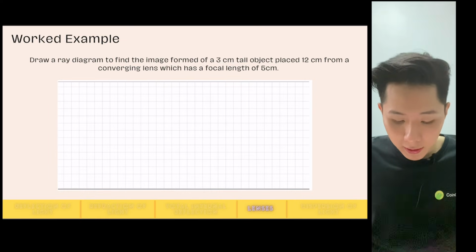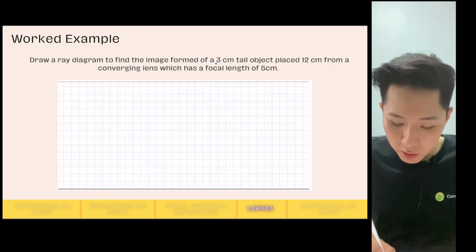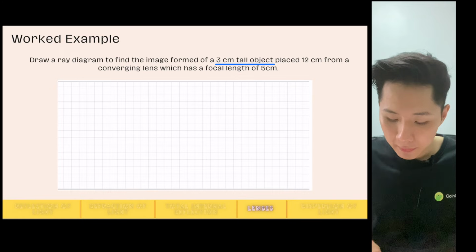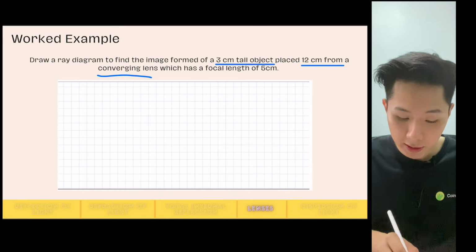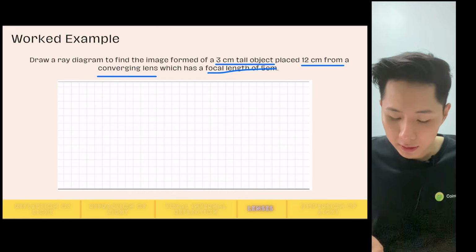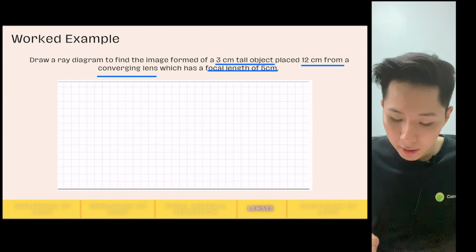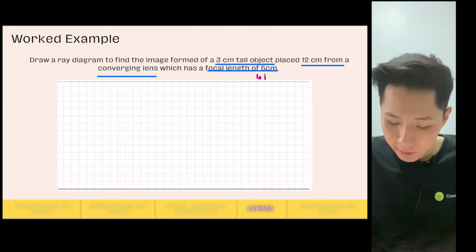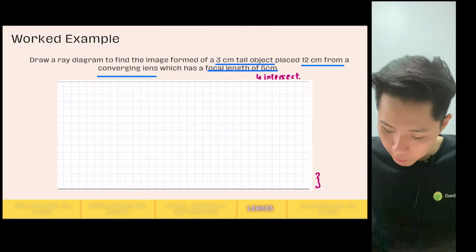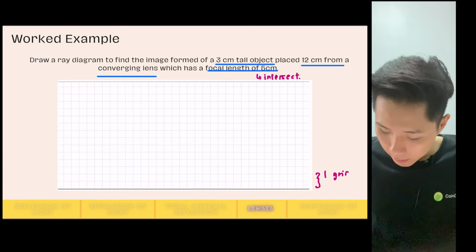Draw a ray diagram to find the image formed of a 3 cm tall object placed 12 cm from a converging lens, which has a focal length of 5 cm. Focal length of 5 means this is where the rays intersect. So now, since we have a grid here, I'm just going to assume that one grid square is equal to 1 cm.